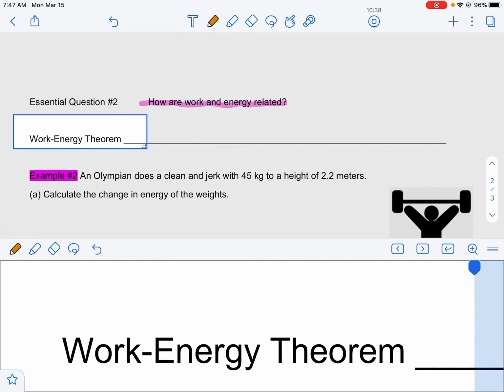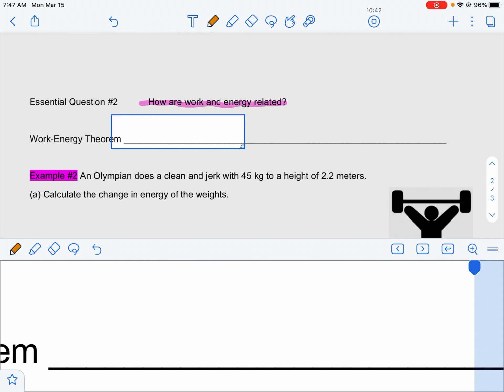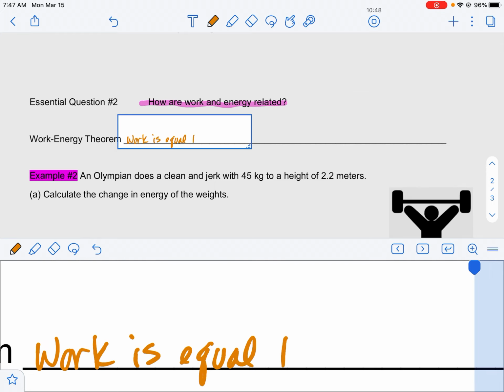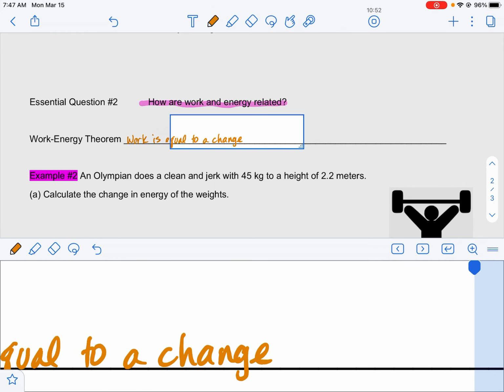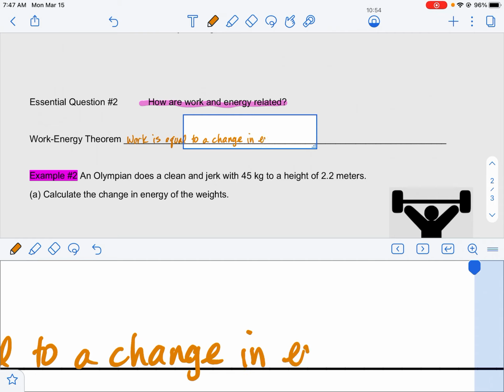That makes sense, right? So the work-energy theorem tells me that work is equal to a change in energy. As a matter of fact, sometimes when we define energy, we say it's the ability to do work.